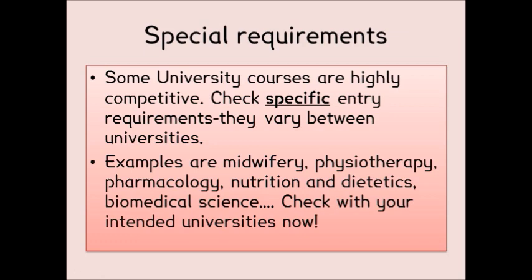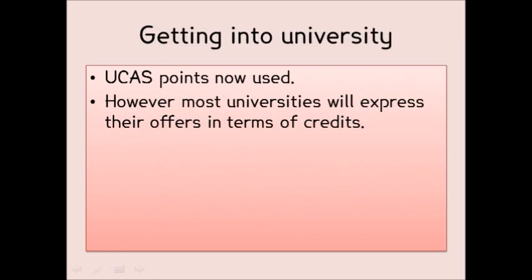And between January and Easter, you'll get your offers through from universities, and universities do sometimes use the UCAS points that are awarded on access courses. However, most universities are actually differentiating between students in their offers by stipulating the number of credits and at what level.